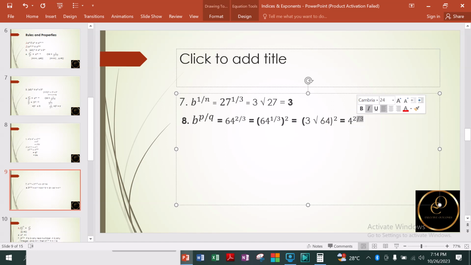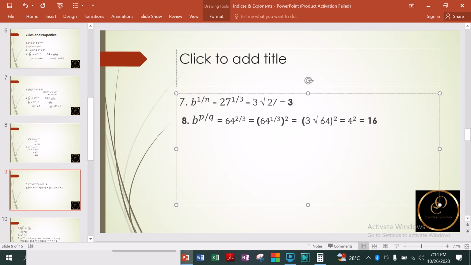Are we together? So this simplifies to that. Then it's simply 4 squared, which is going to be 16. That's the answer.